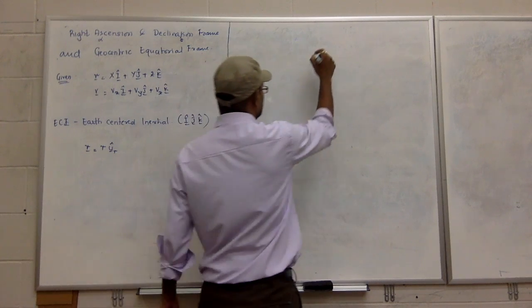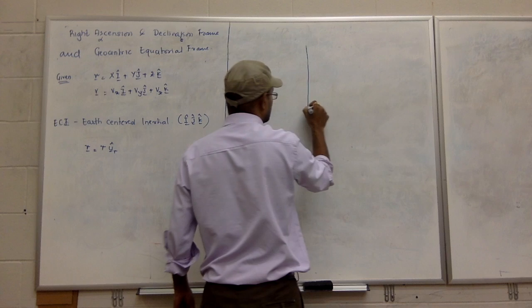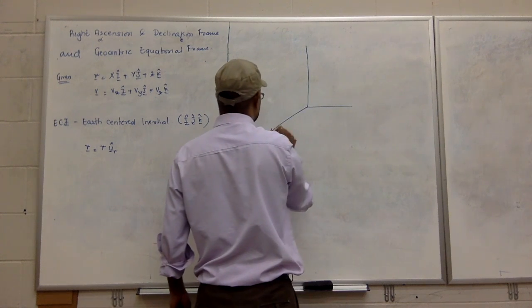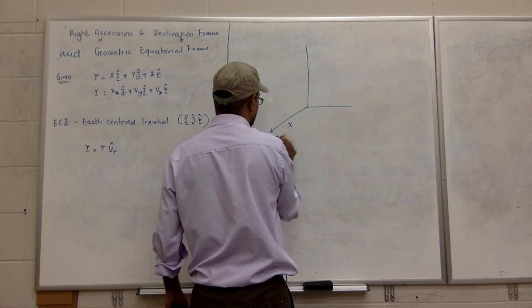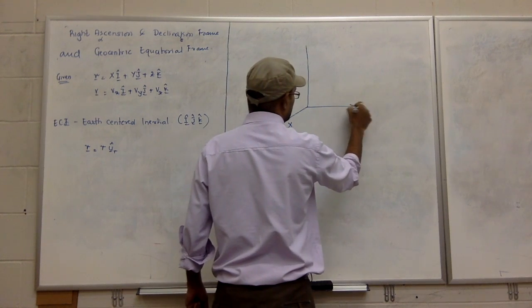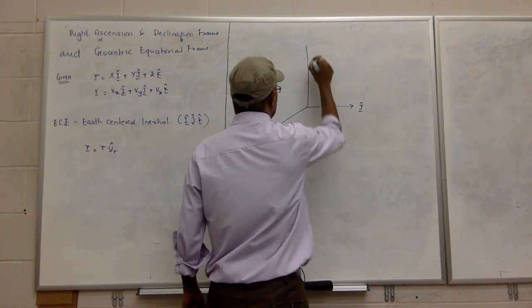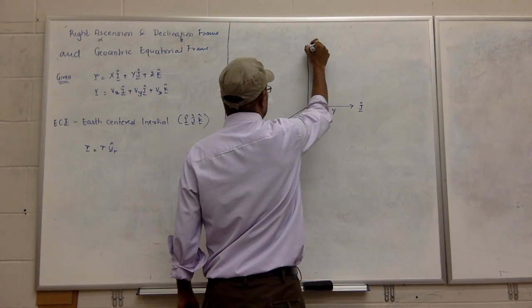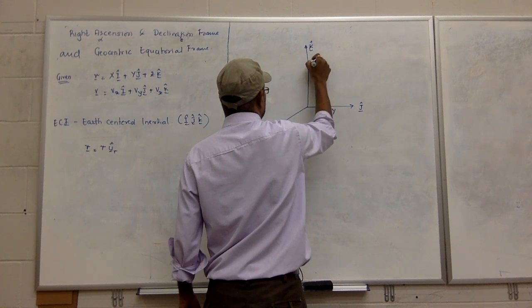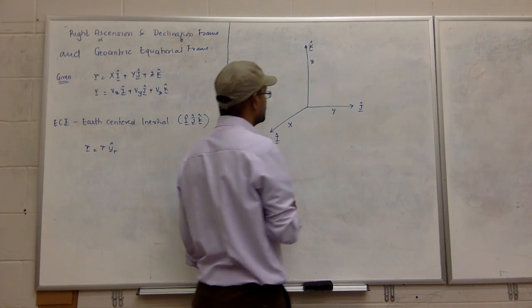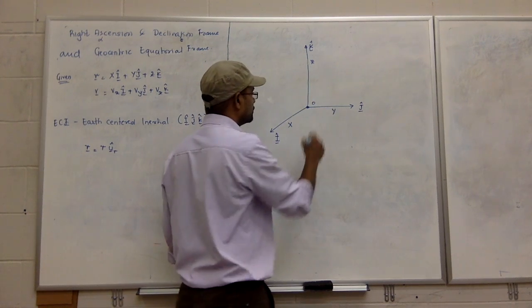So you have this IJK. This is the x-axis or I direction. This is the j direction or y-axis. This is the k direction or z-axis. What is this? This is the origin.